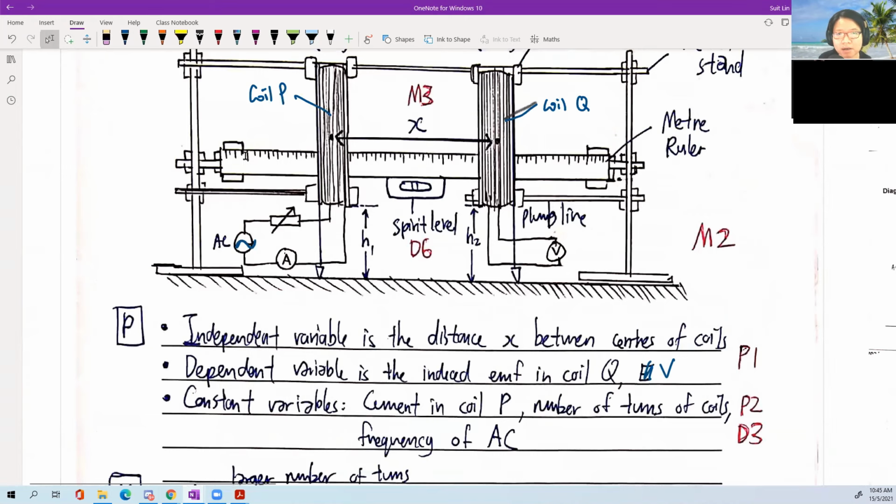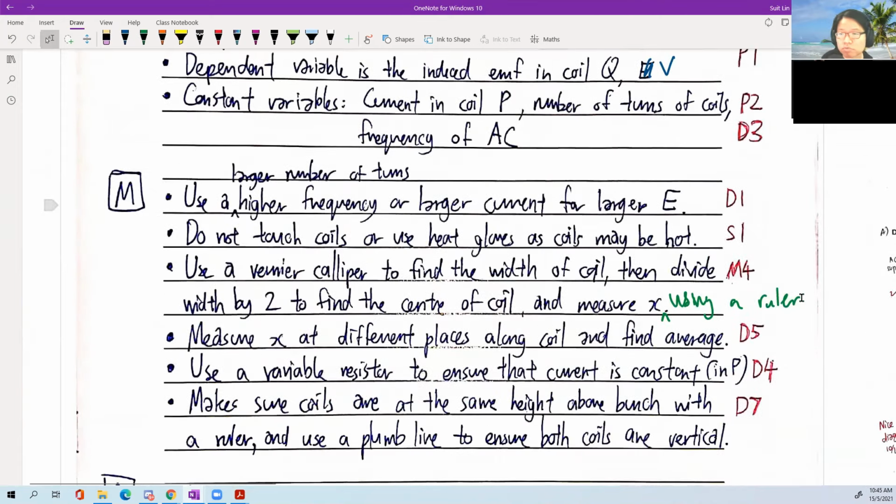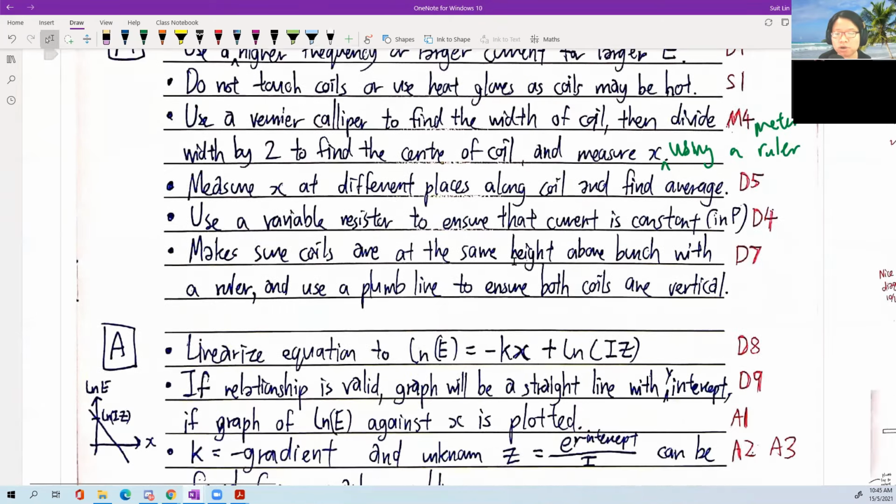So I can give that mark. So this is like an insurance lah. But if you want to double insure yourself, you can draw the ruler in the position and then say using a meter rule. Okay, so make sure the coils are at the same height above the bench or the table with a ruler. Then use a plumb line to ensure the coils are vertical.